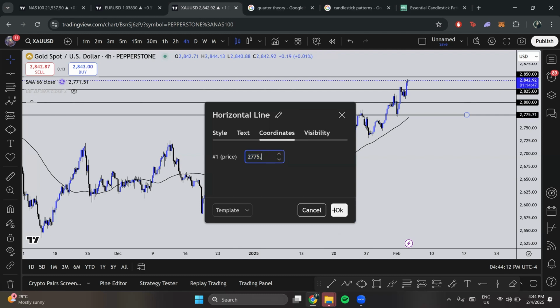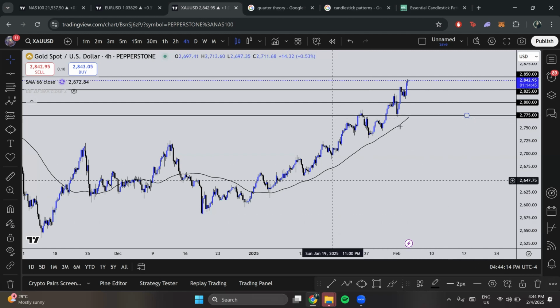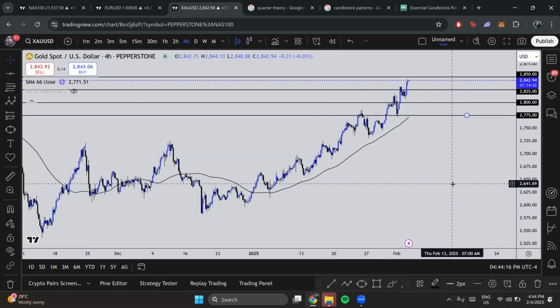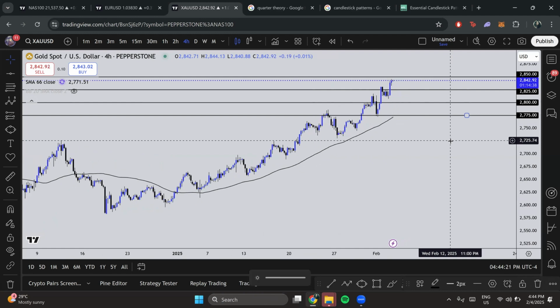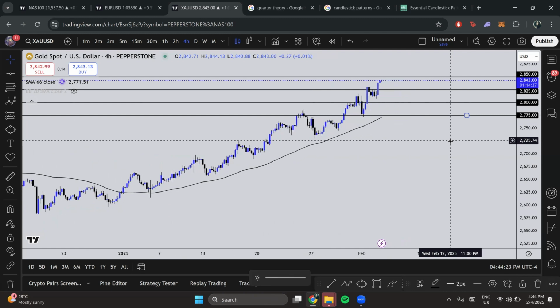These are the levels that I'm going to use. This one is closest to where price is, so these are the most relevant right now.